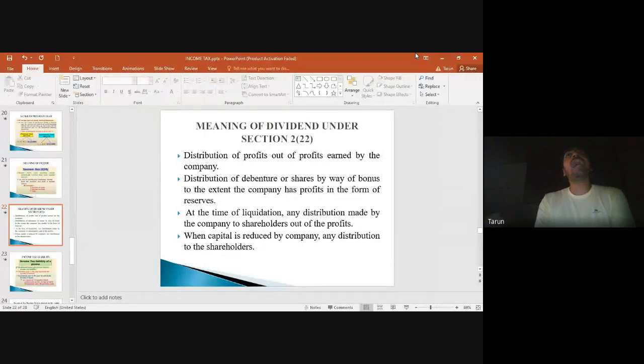And if any capital is reduced by the company itself, and still some portion of the profit is distributed by the company to its shareholders, that portion is also termed as dividend under section 2 subsection 22 of the Income Tax Act.